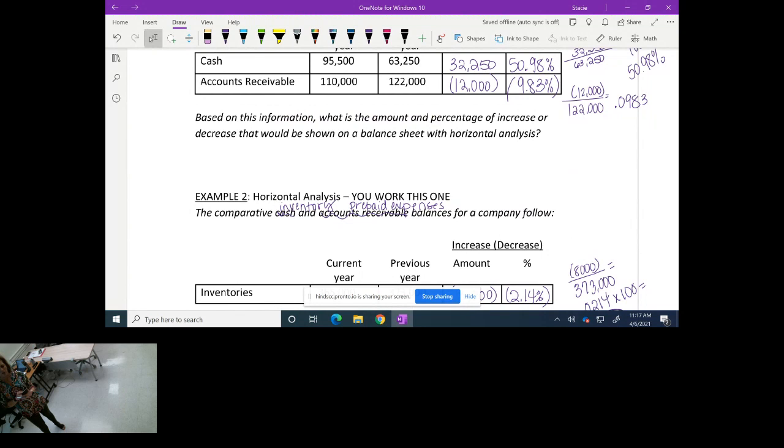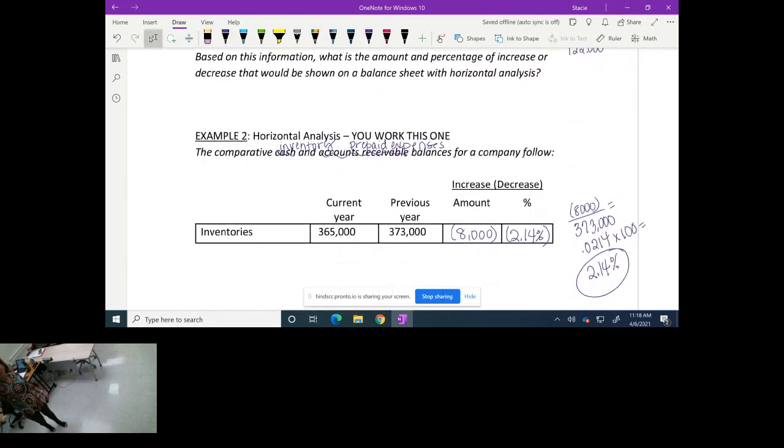Yeah, I got 0.09836, so it would be 9.84. So if we have a decrease, the percent has to be like this much. Yes, because it's showing it decreased 2.14%. Okay, y'all good?